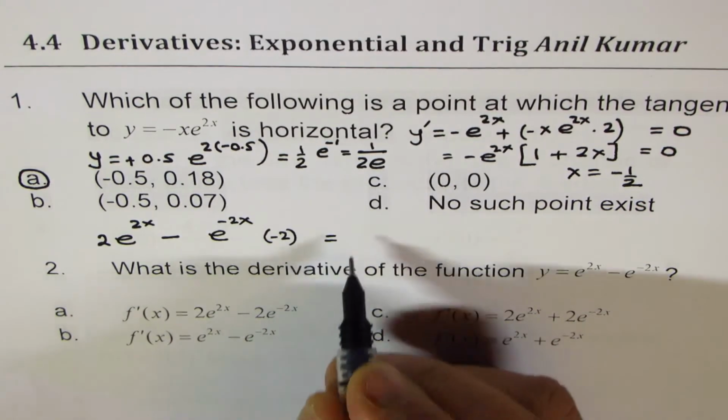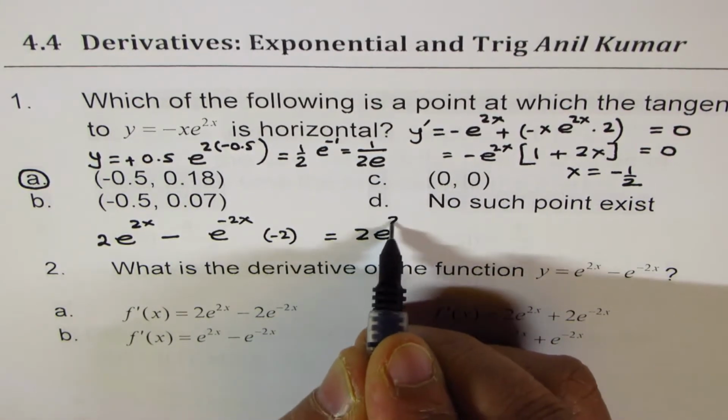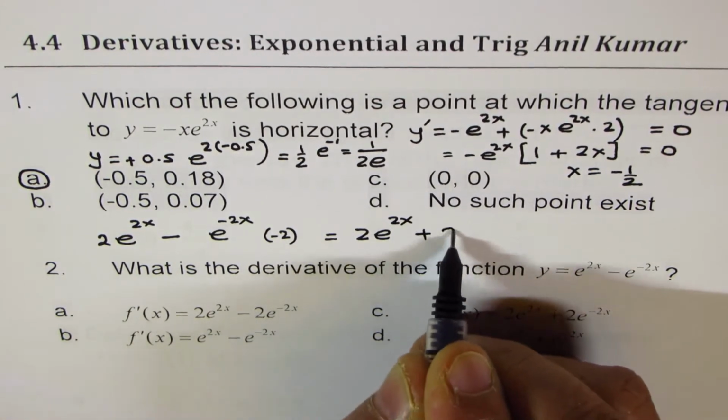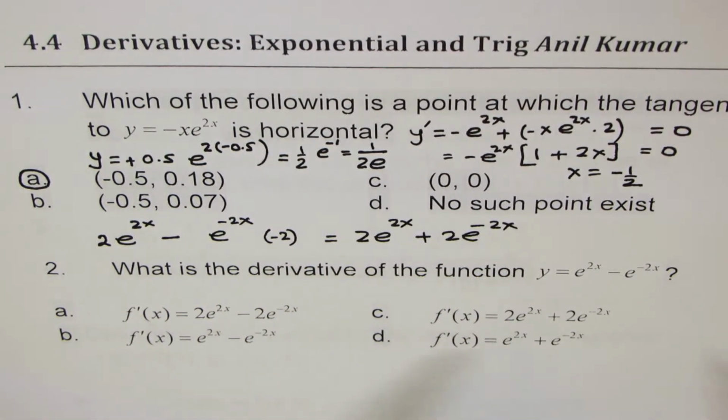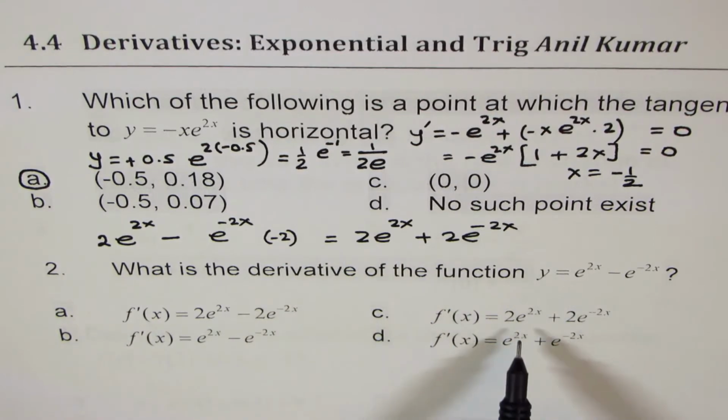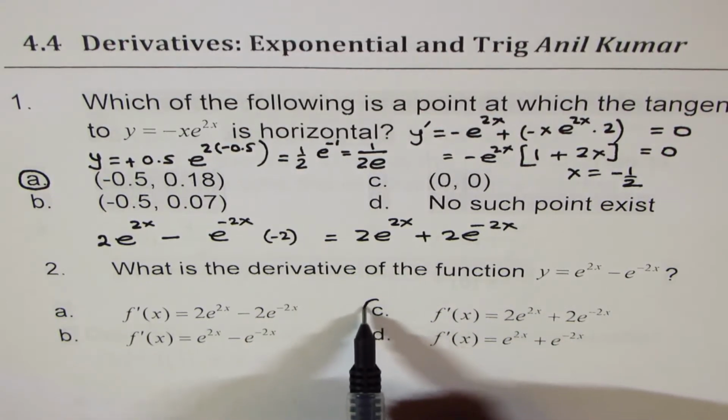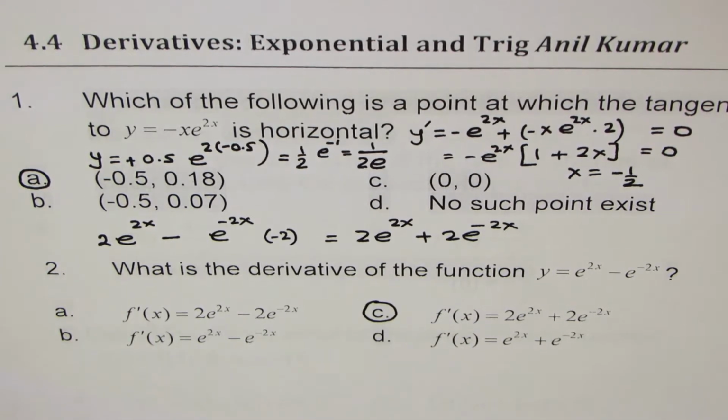So we get 2 e to the power of 2x plus 2 e to the power of minus 2x as our answer, right? It matches with option C, so option C is the right answer for the second one.